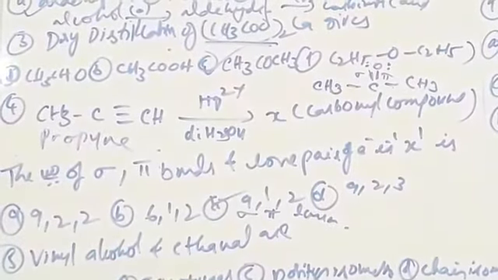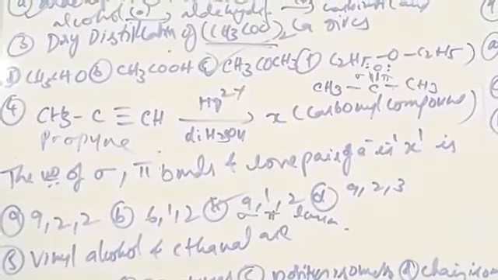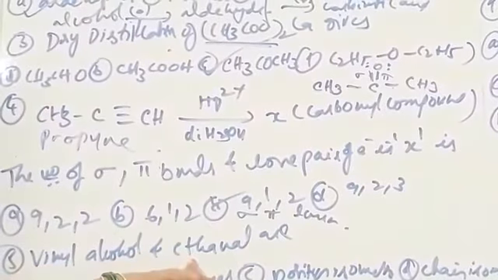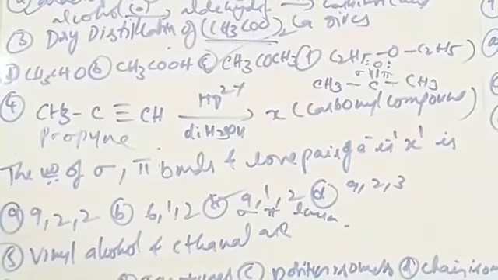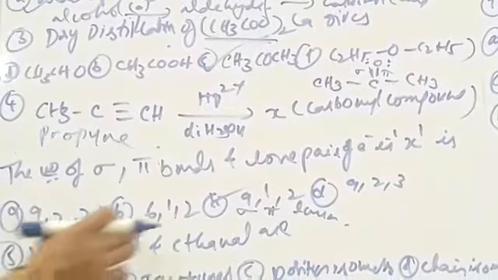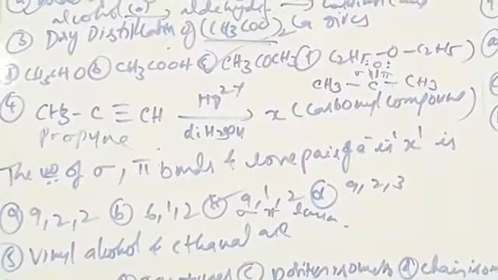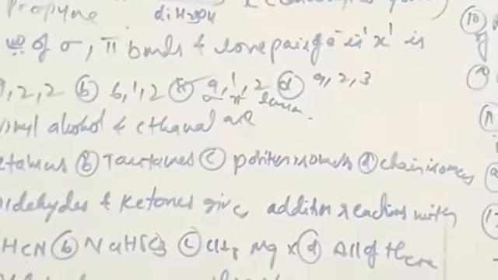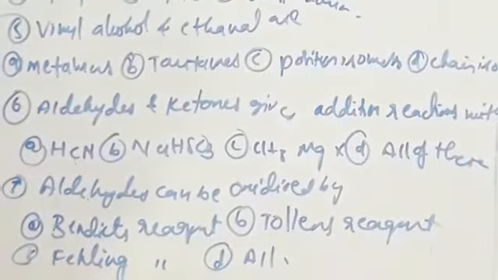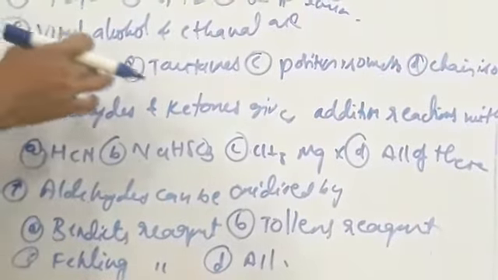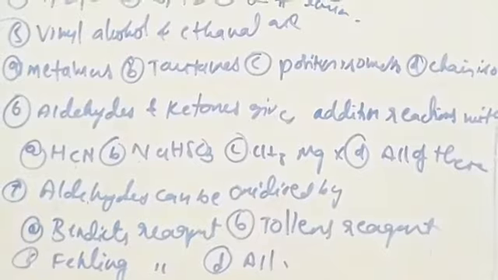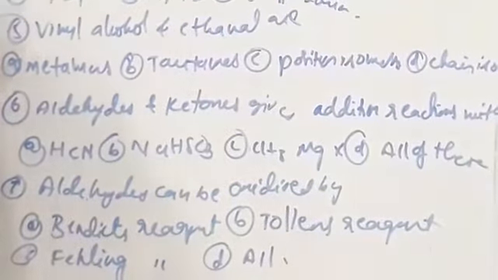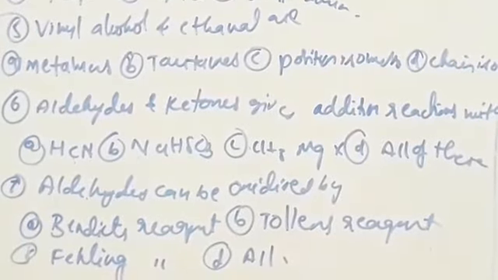Okay. Next, vinyl alcohol and ethanal. Ethanal is acetaldehyde. So both vinyl alcohol and ethanal are formed during the addition of acetylene with water. Here propyne with water gets acetone as the carbonyl compound. Whereas if acetylene is there, we'll get vinyl alcohol and ethanal, which are in equilibrium with each other and which are isomers.